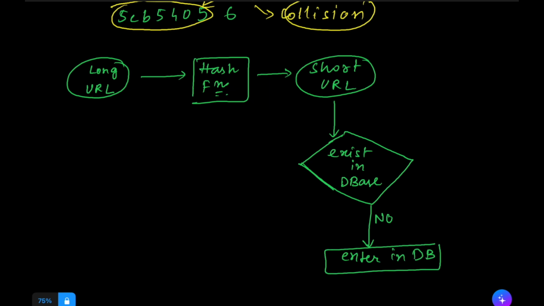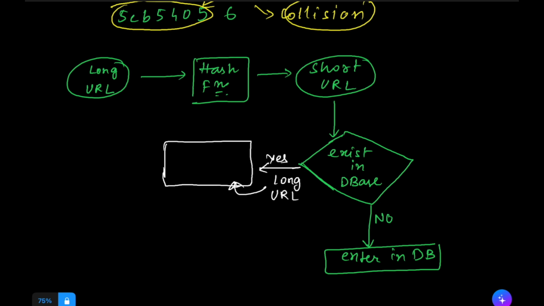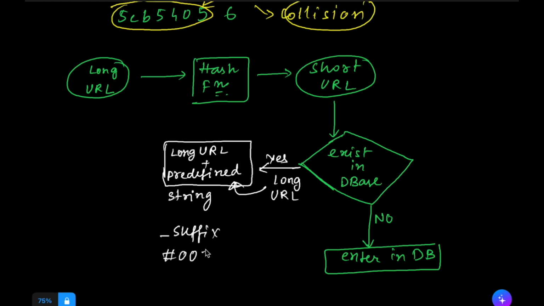But if it exists, we append a predefined suffix or predefined string to the long URL. This could be anything, you can choose it depending on your use case, like an underscore suffix or hash 001 or something like that.